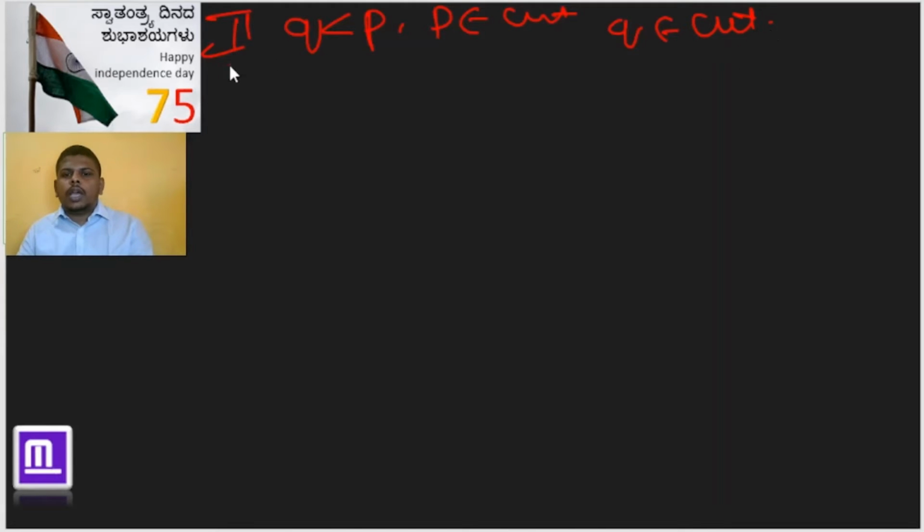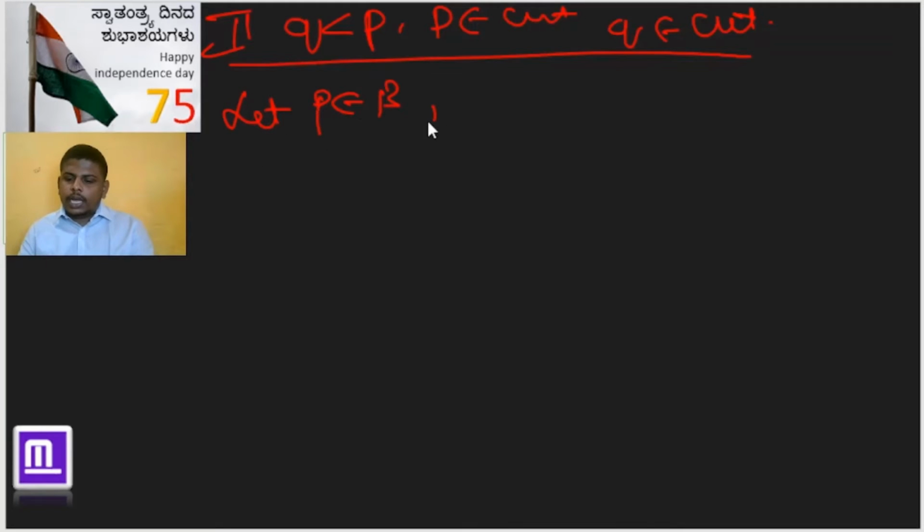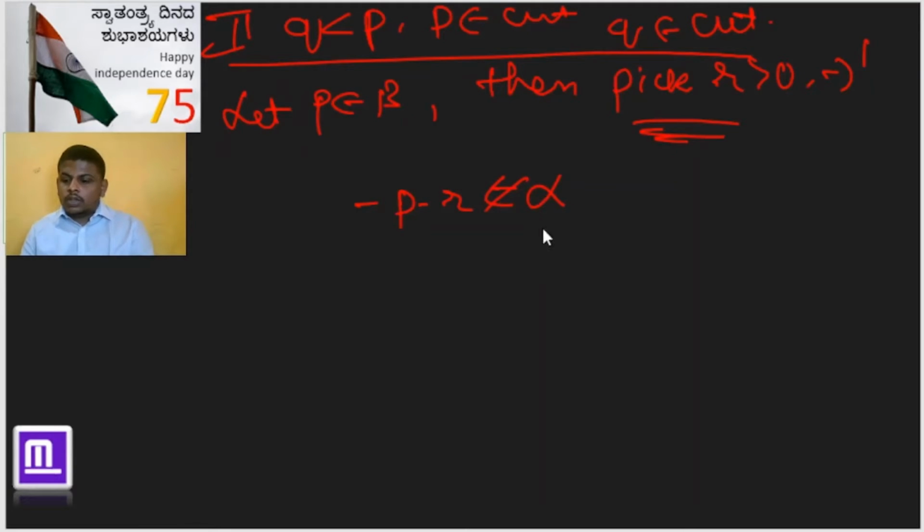So this is how we have to show. So let p belong to beta, then pick r greater than 0 such that minus p minus r does not belong to alpha, right?